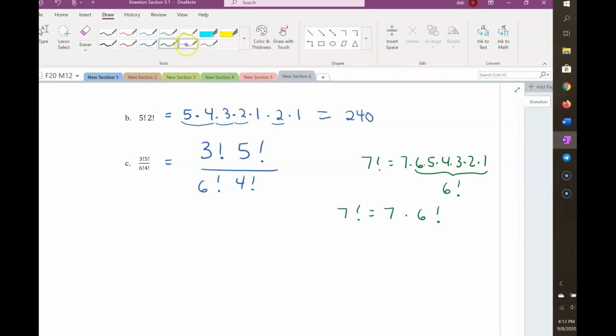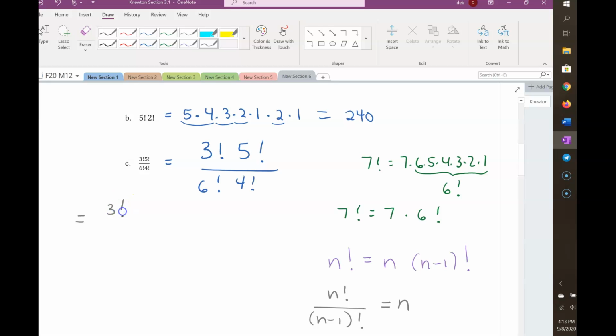Well, we can write this statement in general by saying n factorial equals n times n minus 1 factorial. So then that also tells us that if we divide both sides by n minus 1 factorial, that's going to equal n.